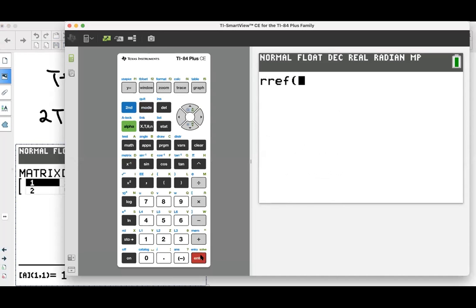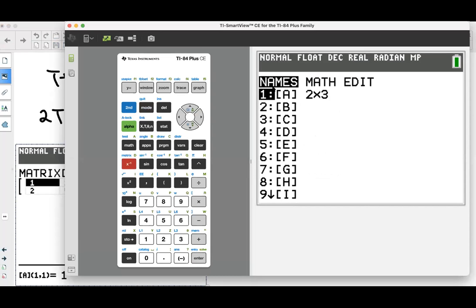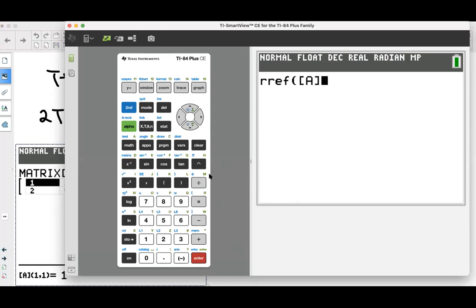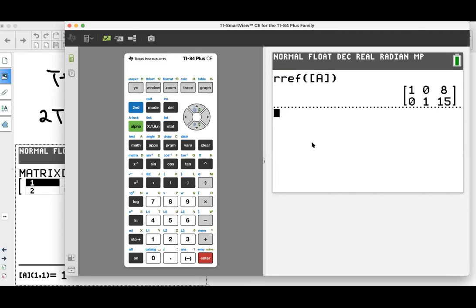I jokingly say it's a ref, double R, ref. But anyways, now I need you to put the matrix back. So second, matrix. In our case, from the names, you can just click on the matrix which we are doing. Close parentheses, press enter. Boom, there it goes.